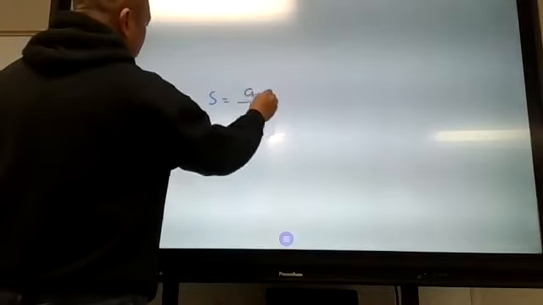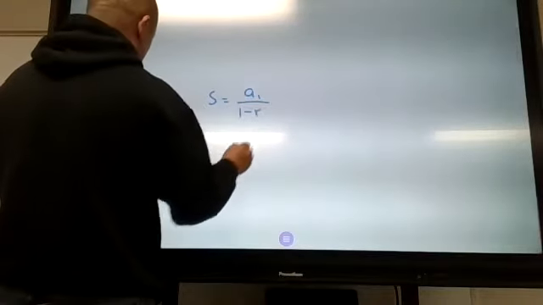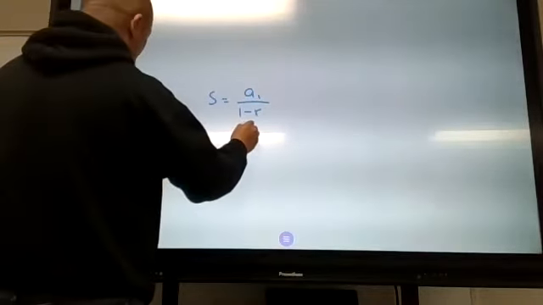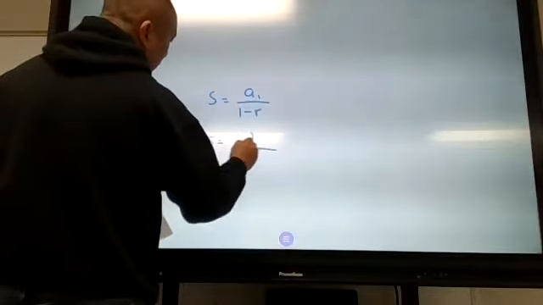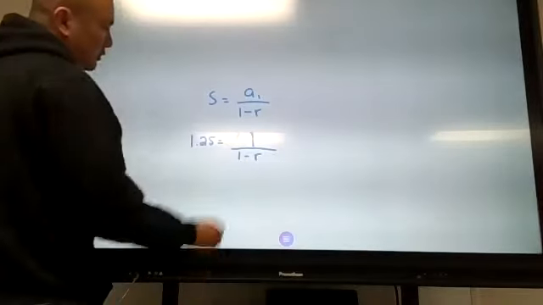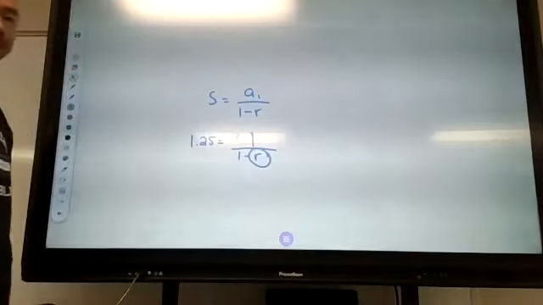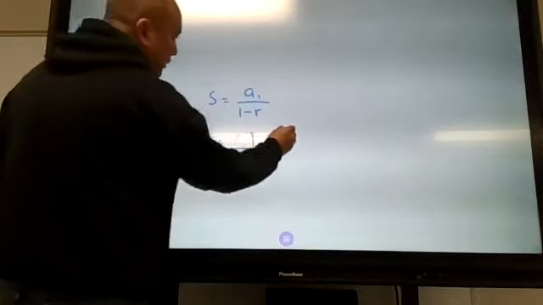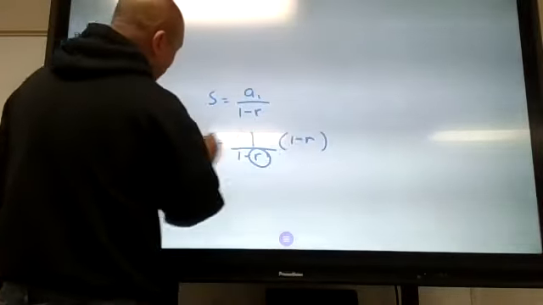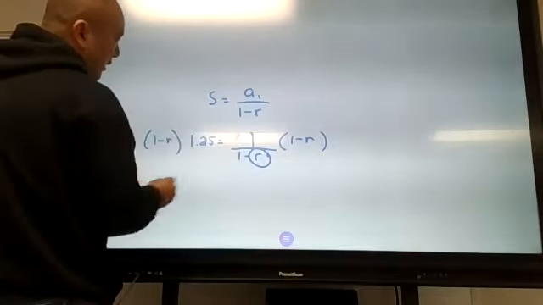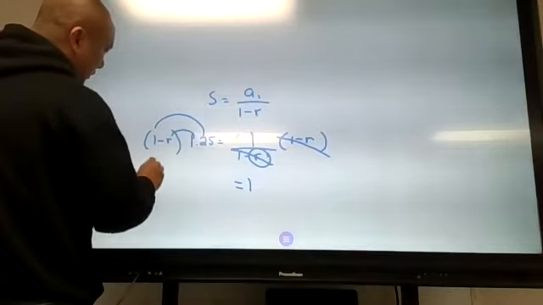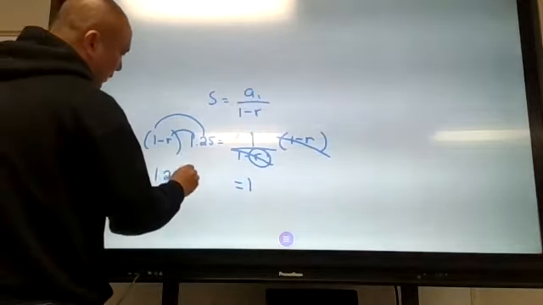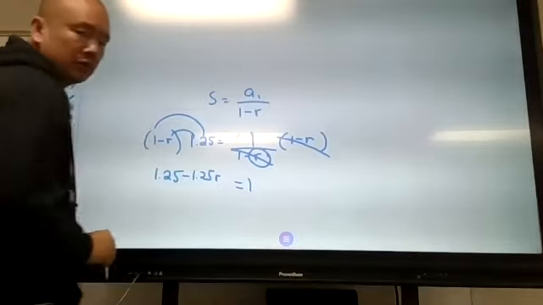So let's do number 25. S is equal to a sub 1, the first term, over 1 minus r. The first term is 1, and the sum is 1.25, so 1.25 equals 1 over 1 minus r. What you're trying to do is find the ratio. To find the ratio, you multiply the quantity 1 minus r to both sides. Cross that out. 1 is equal to, you distribute, 1.25 minus 1.25r.